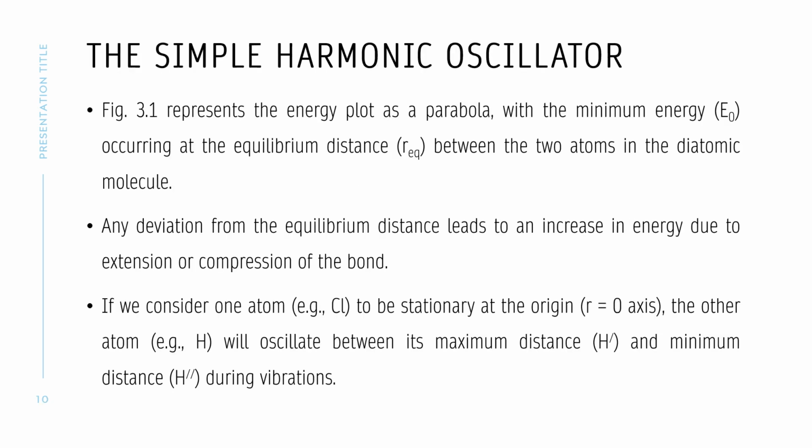Figure 3.1, as I have already shown you, represents the energy plot as a parabola with the minimum energy E naught occurring at the equilibrium distance between the two atoms in the diatomic molecule.